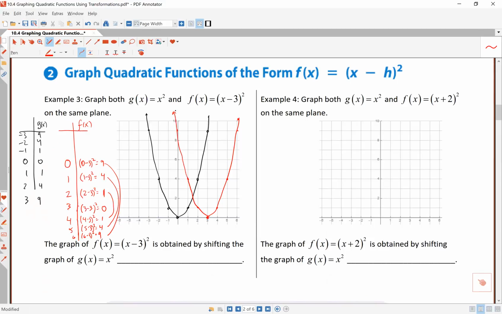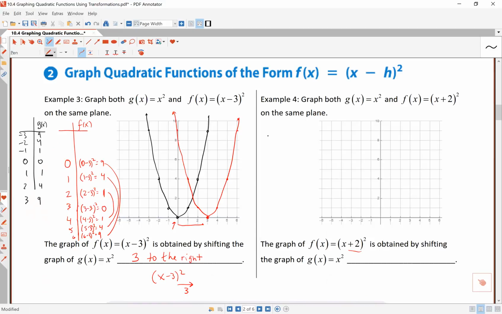And so we see that this graph has been obtained by shifting the graph of g of x equals x squared over 3 to the right. So notice how the x minus 3 in the parentheses shifted it to the right 3. We should expect that this plus 2 is going to shift it to the left 2.